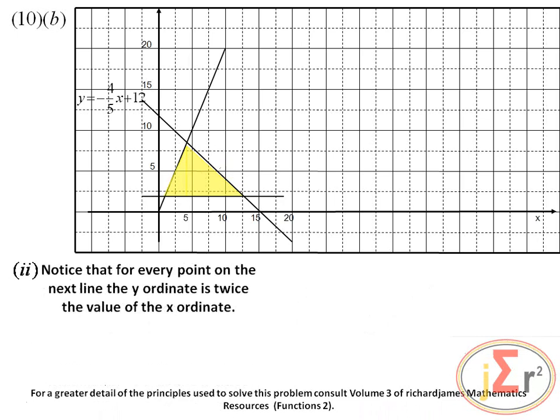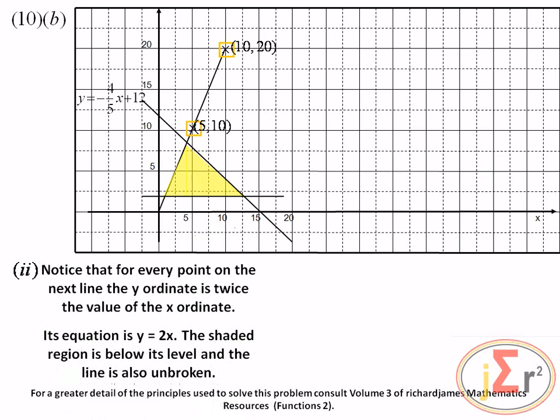Notice that for every point on the next line, the y-ordinate is twice the value of the x-ordinate. So on that line we have 10, 20. We have 5, 10. Well, we do not have to include any more. The value of y is twice the value of x.